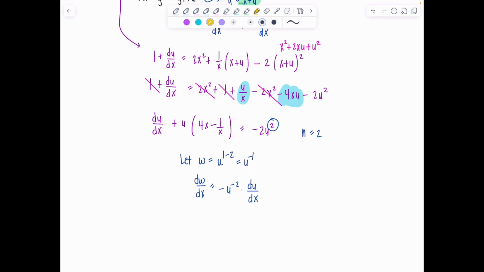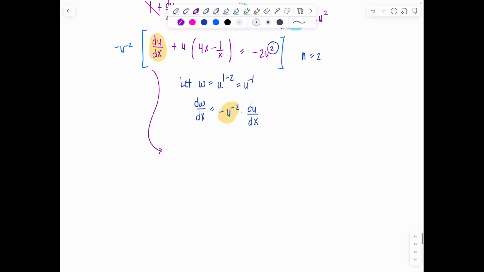Then you come back here, you go, what are you missing to be dw dx? You're missing negative u to the negative second. So then we multiply everybody through by precisely that, negative u to the negative second. And then let's see what we got. Negative u to the negative second du dx minus 1 over u times 4x minus 1 over x equals just positive 2.